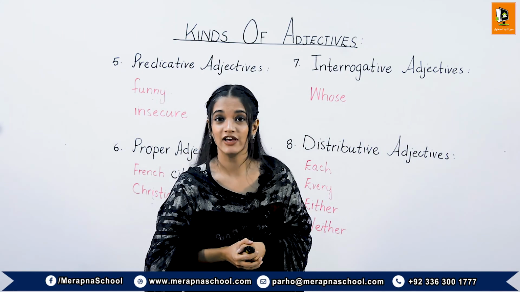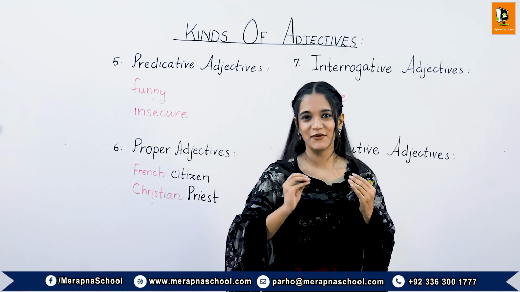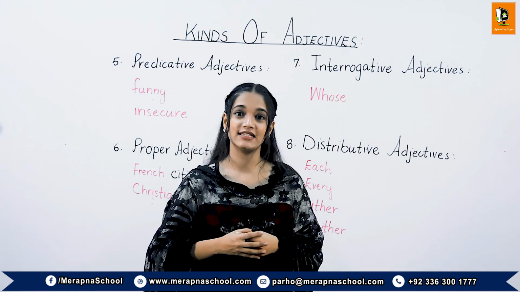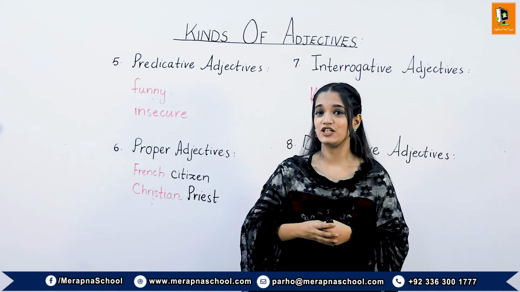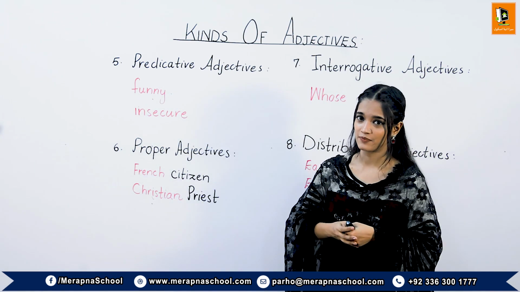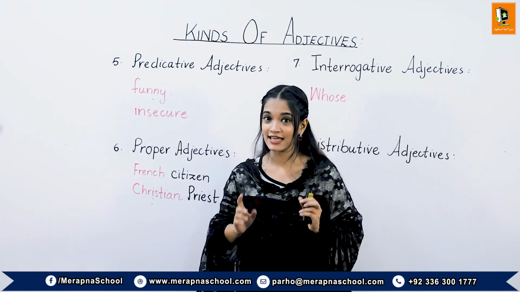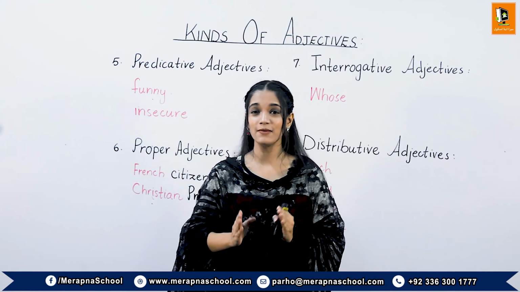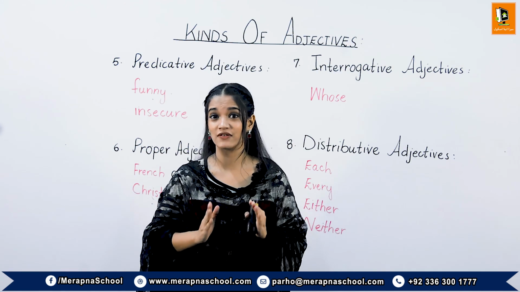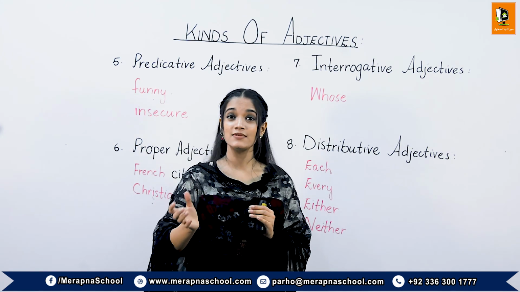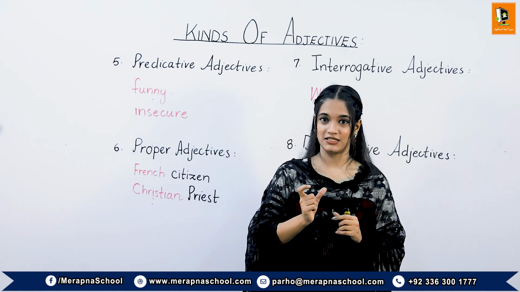Okay, now students, we are going to talk about some more kinds of adjectives. Earlier I mentioned the attributive adjectives, whose examples were funny and insecure. I mentioned that attributive adjectives come before the noun they describe.